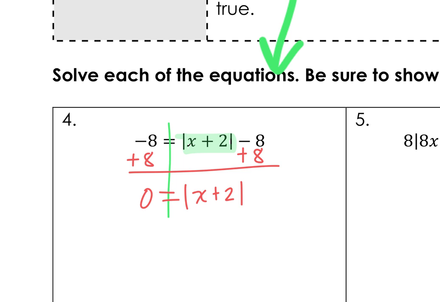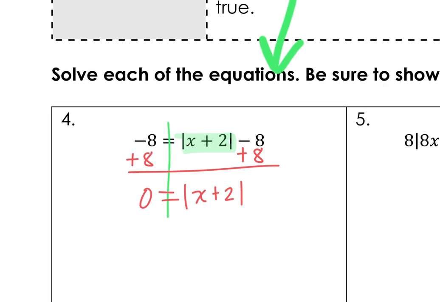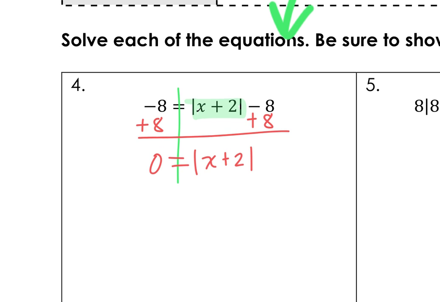So now we have 0 is equal to the absolute value of x plus 2. So when I go to break this up, well, I'm going to have 0 is equal to x plus 2, but I'm not going to write negative 0 equals x plus 2. There's no such thing as a negative 0.